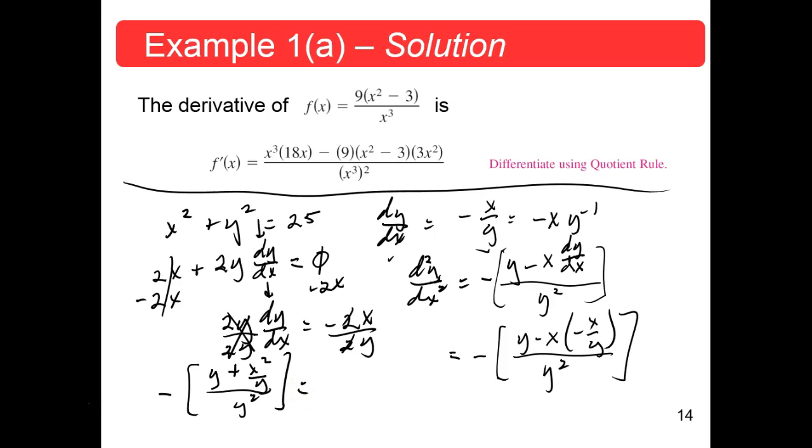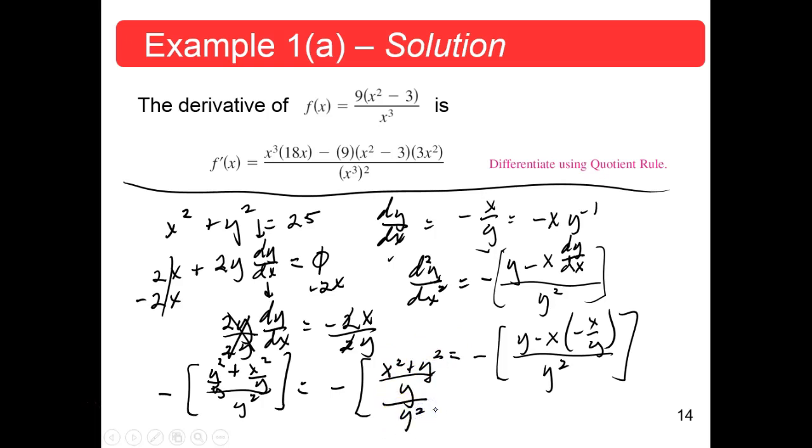Okay. Now, we need that numerator over a common denominator, which is going to be y. So if we put this over y, we have to multiply that by y as well. So now that becomes a minus x squared plus y squared, I just rearranged the order, over y squared.